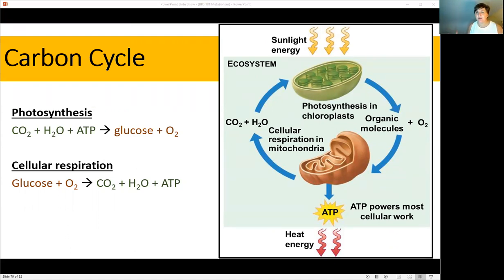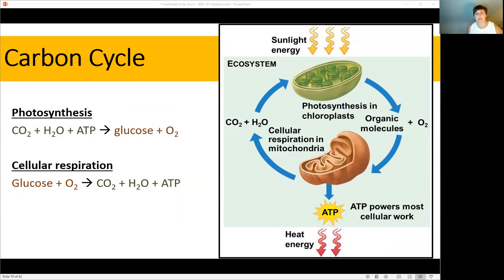Since so many organisms rely on organic compounds, photosynthesis serves a really important central metabolic role by transforming inorganic carbon compounds into organic carbon compounds. Photosynthesis is responsible for what is called carbon fixation, or creating organic carbohydrates like glucose.